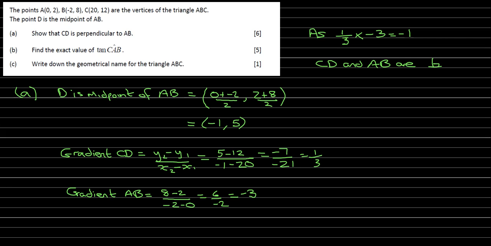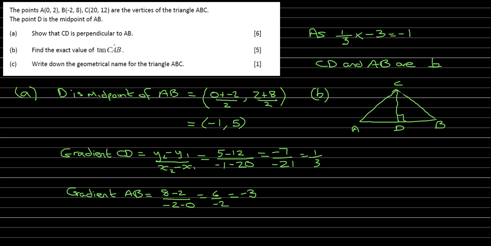The next part says find the exact value of tan CAB. So what we have worked out is that we have a triangle first of all, and we also know that AB and CD are perpendicular, so we can draw the triangle from this.